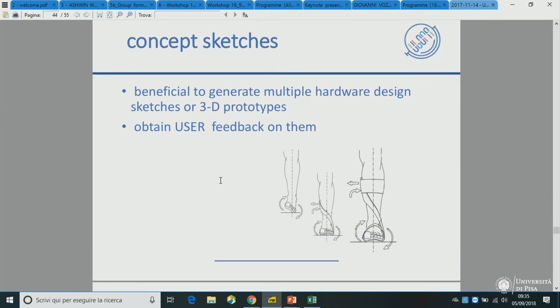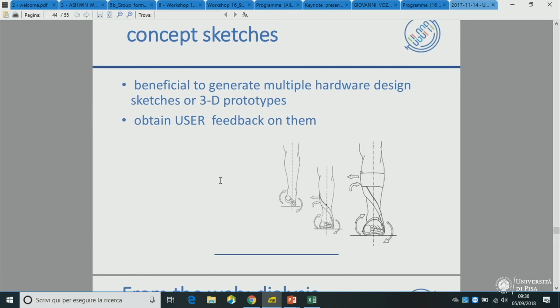This is another device that I participated in designing. It's a drop foot orthosis. And the very first drawing was made like that. There's no need of complicated software to understand if we want the orthosis to go on the back of the leg, on the front of the leg, or around the leg. Okay. This is probably something you all did, right? These days, just sketching.